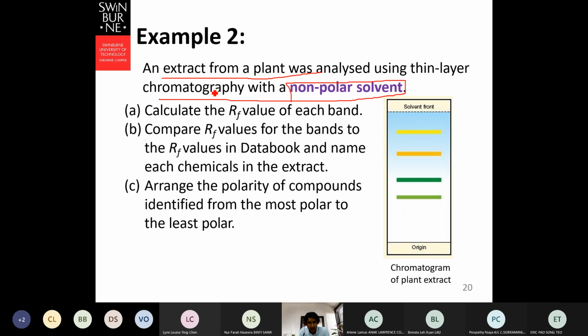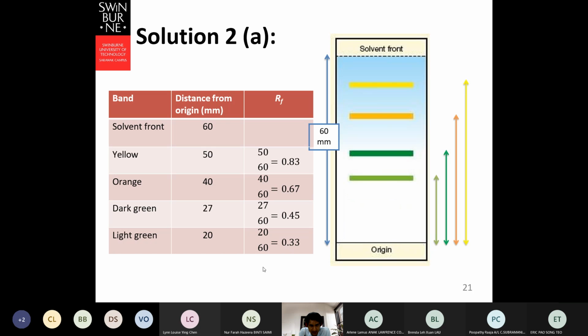and then we have done the chromatography on the plant, and we saw that we got four different colors. 1, 2, 3, 4. We got the four different colors from the plants.